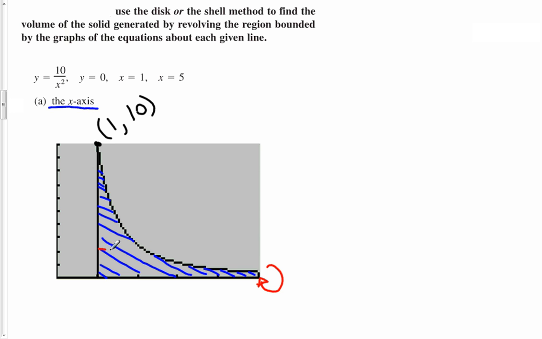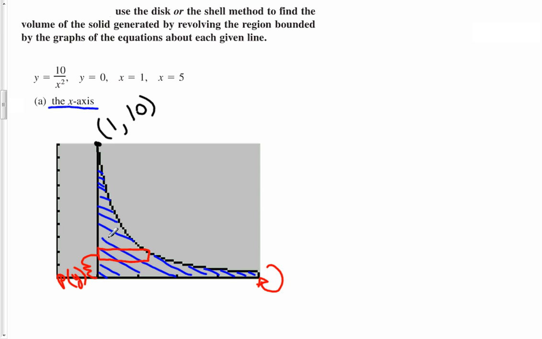So my representative rectangle is going to be horizontal. And once I have that representative rectangle drawn, I need to find my p(y), which is the distance from the axis of revolution to the midpoint of the width of the rectangle. That's going to be p(y).